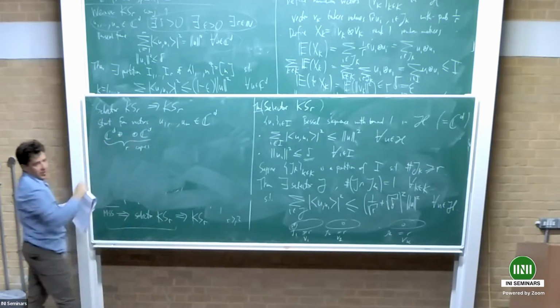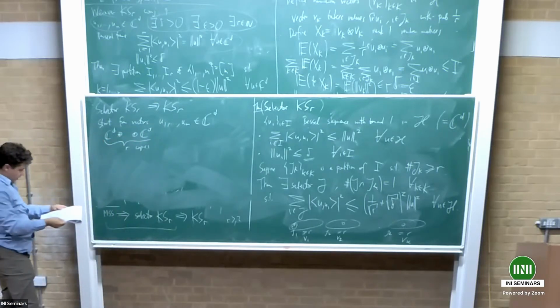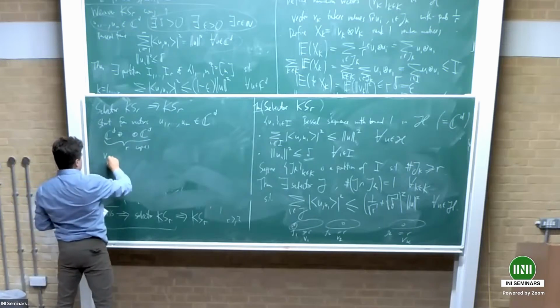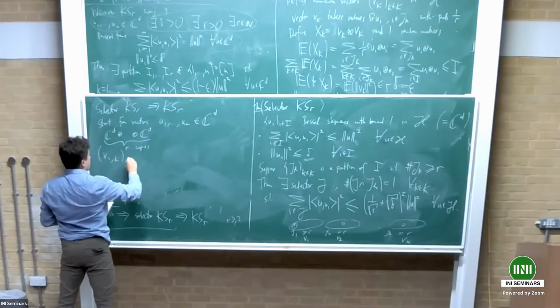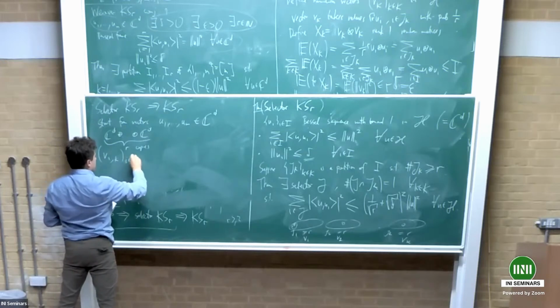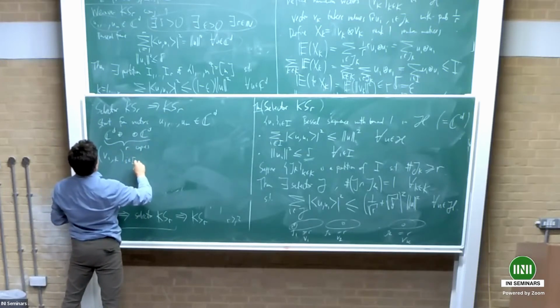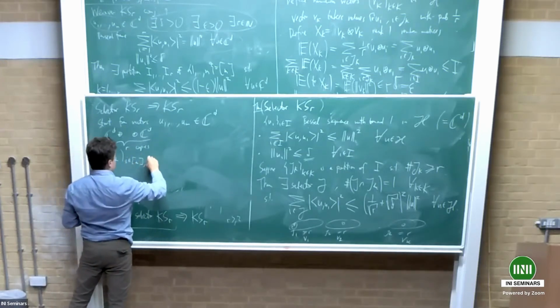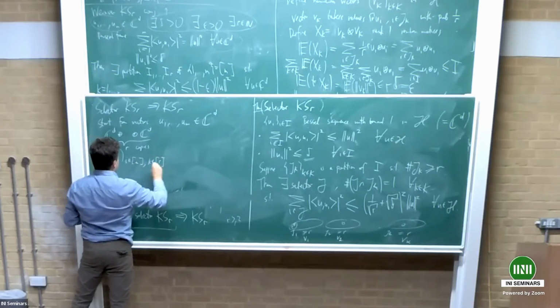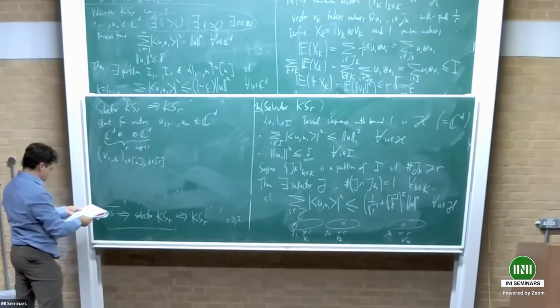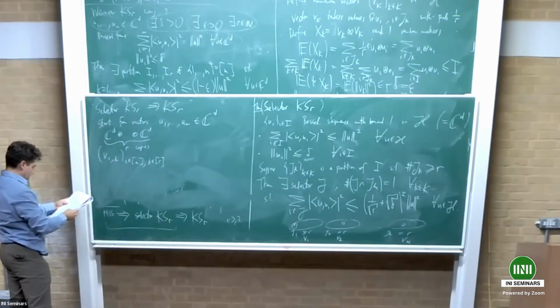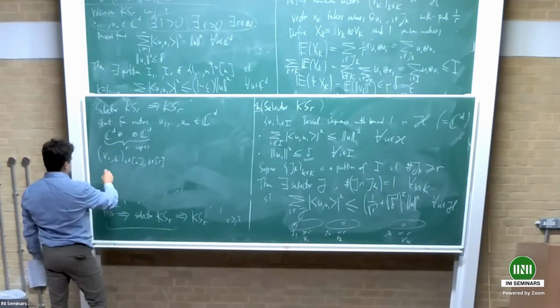We start from these vectors, and we place each vector UI in each copy of that space. So we have vectors VIK, where I goes over M and K goes over R. Let me write this down.